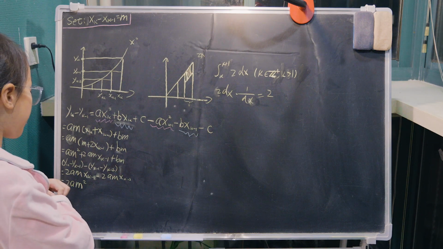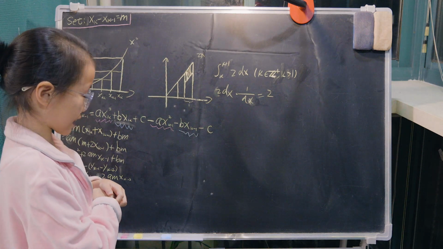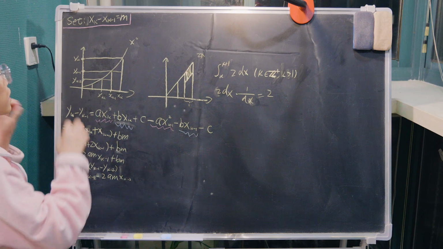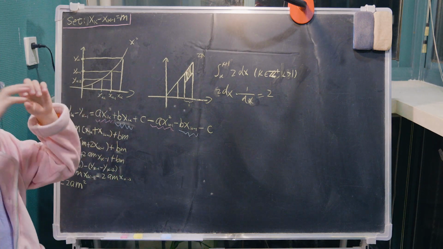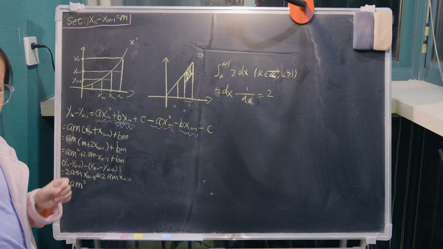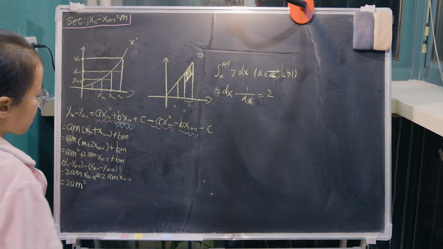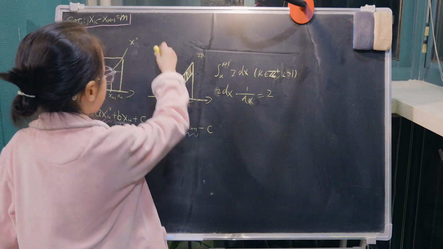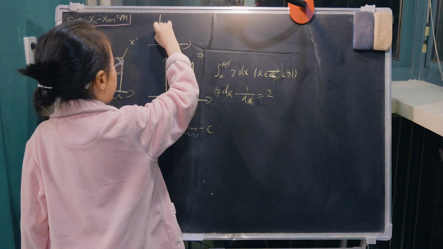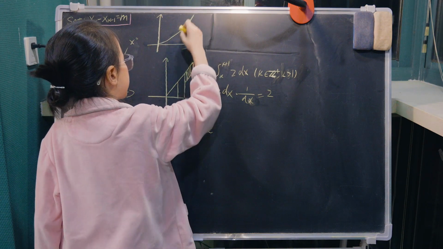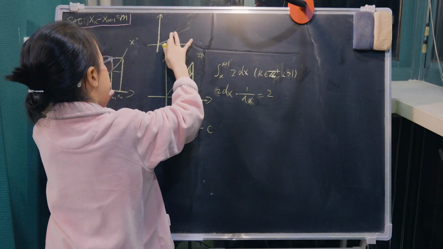Okay, so let's keep on extending this problem. We can think about this problem as the difference of the difference of the difference of the values of the cubic equation. So now we need to draw out the cubic equation.